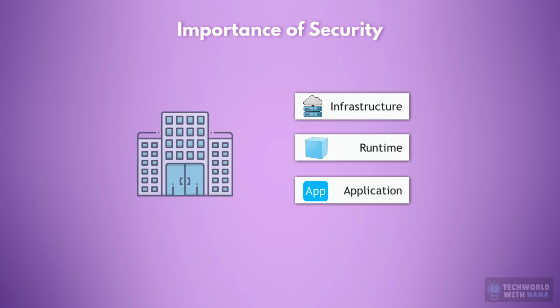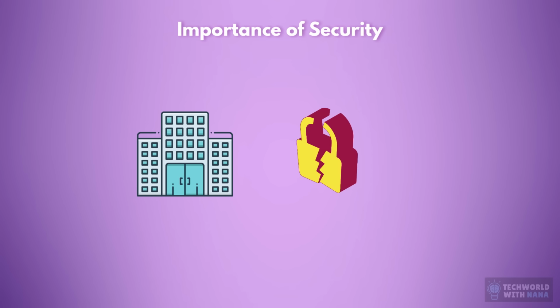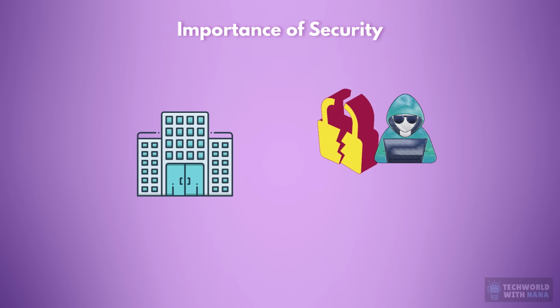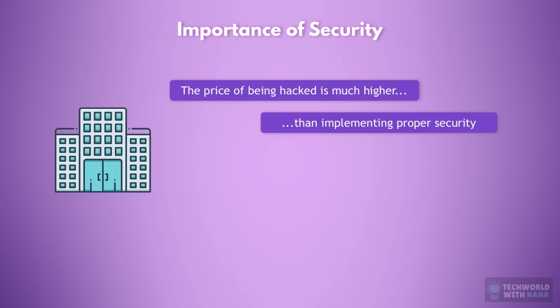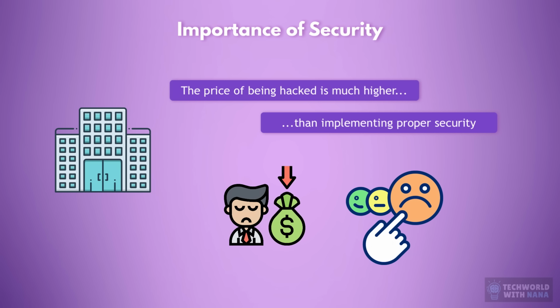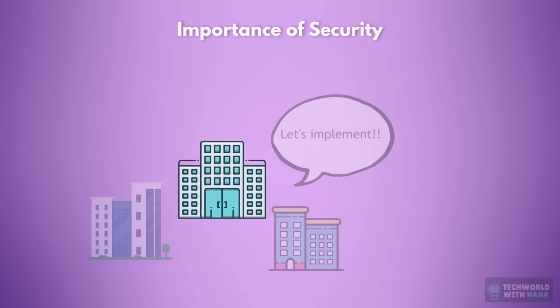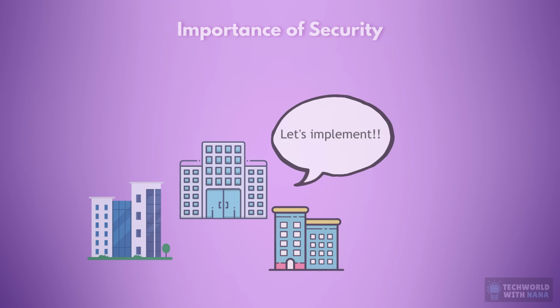And it's important to the level that when companies fail to properly secure things and they get hacked or some data gets leaked, where their user data or company data gets compromised or their systems get attacked and aren't accessible anymore, the price they pay for that is way more expensive than actually implementing the security. And it's expensive both financially, but also reputation-wise. And of course, that means all companies should implement security.